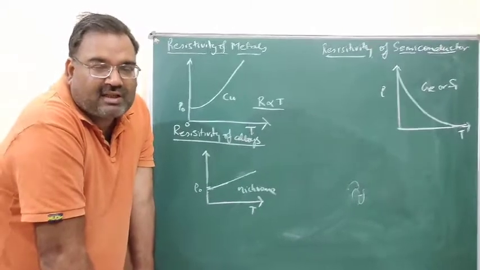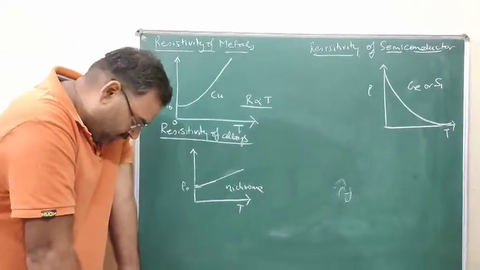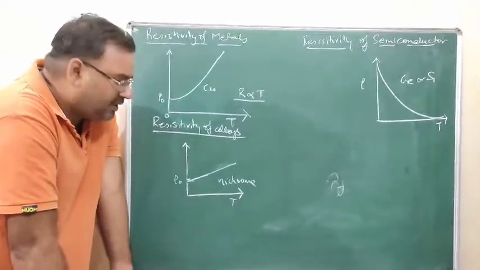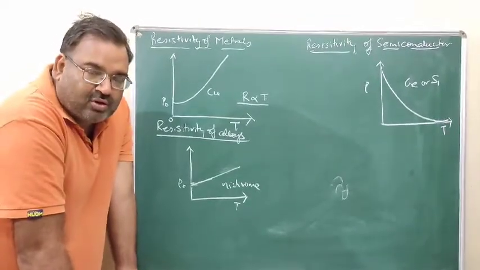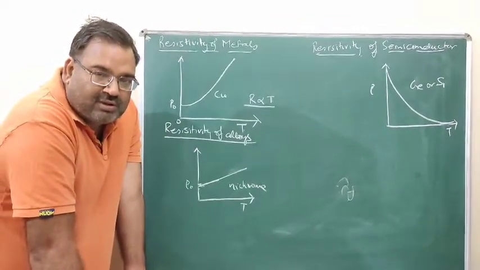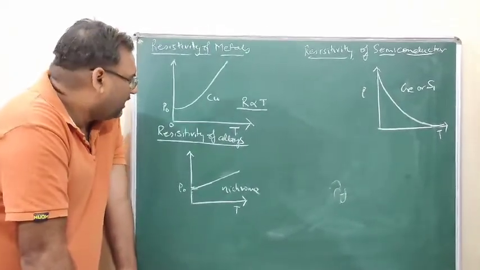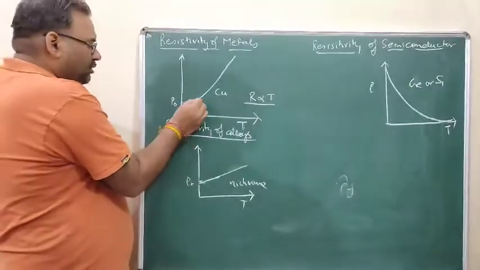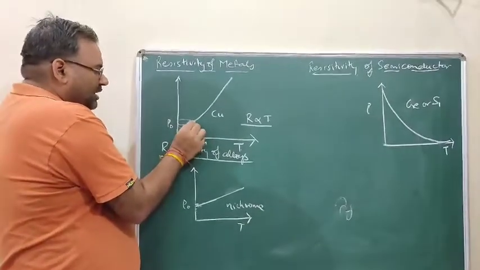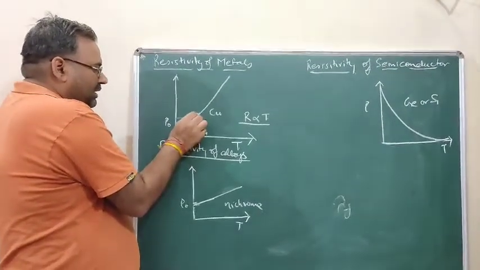It reaches a certain finite value. It will not become 0 even at absolute 0. Then you can see this portion is not a straight line. The straight line starts from here.